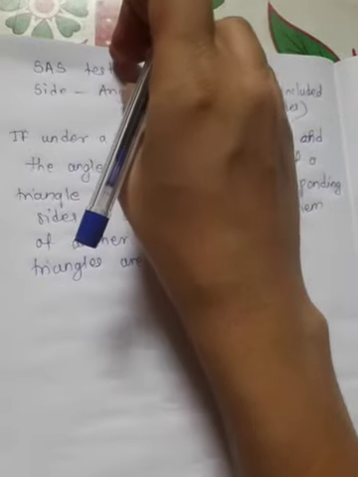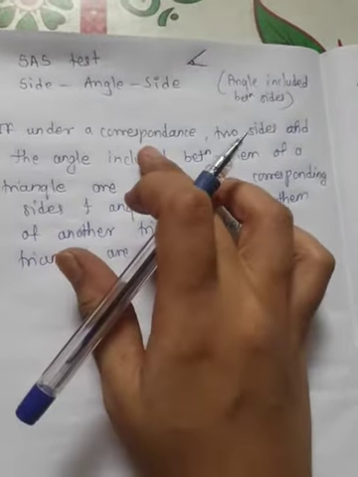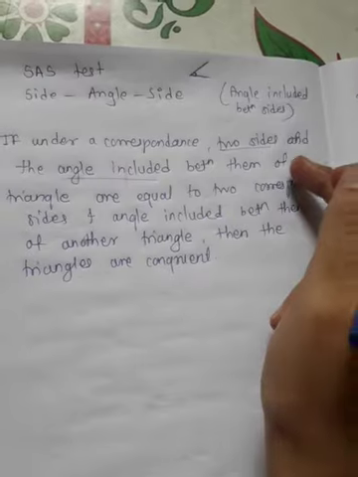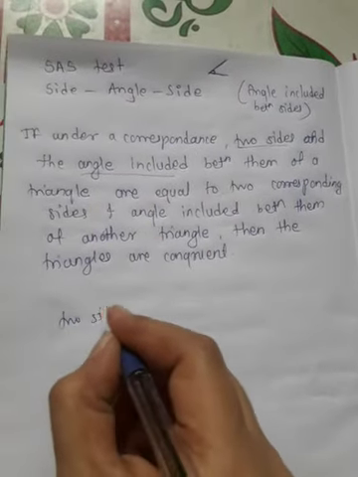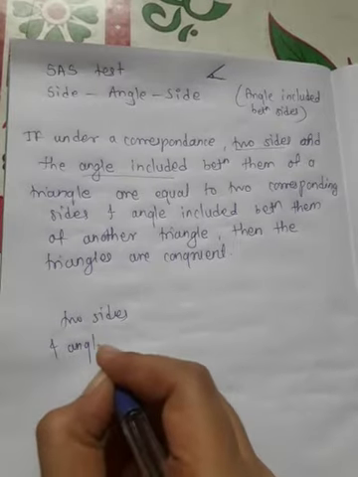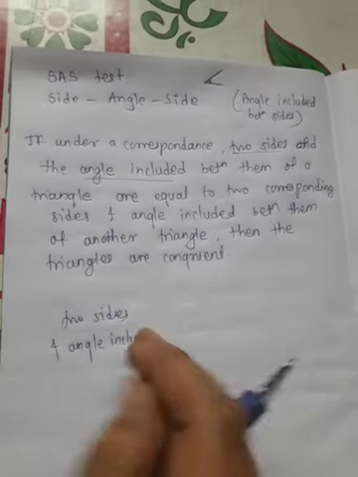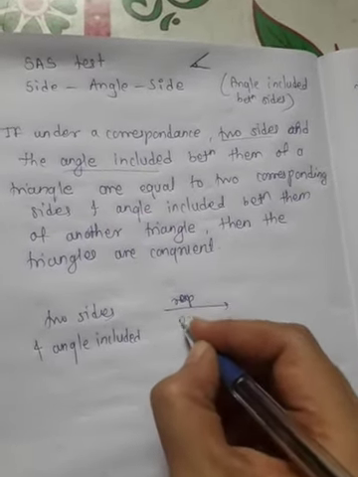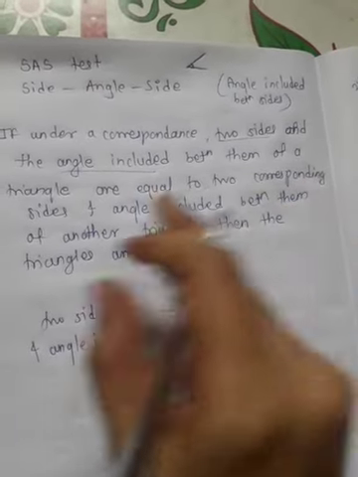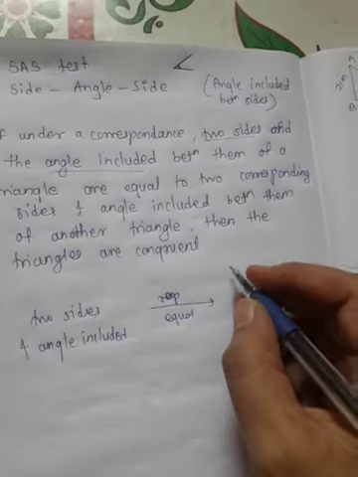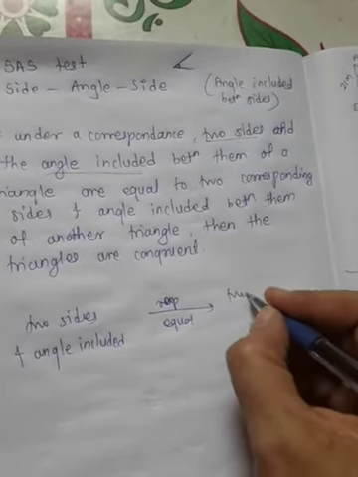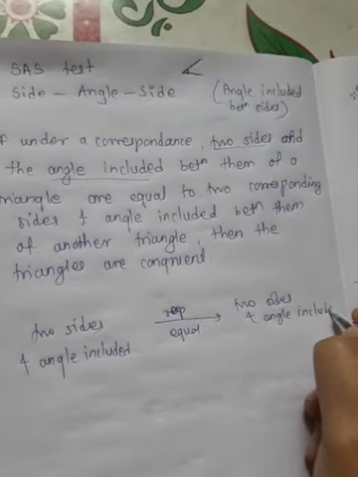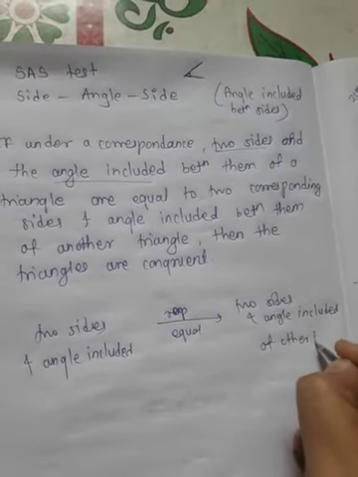Okay, so what does this test state? It states that if under a correspondence, two sides and the angle included between them of a triangle are respectively equal to the two corresponding sides and the angle included between them of the other triangle.